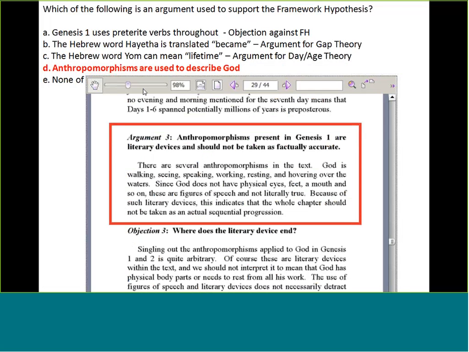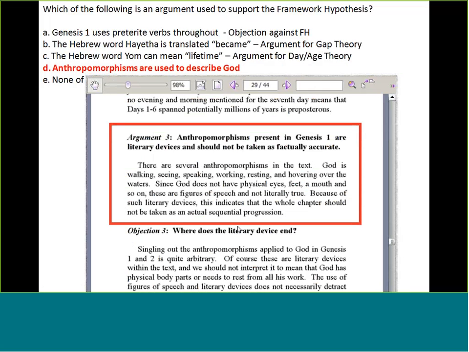The correct answer is actually D, that anthropomorphisms are used to describe God. Here it's one of the bolded arguments for the framework hypothesis, that they use the fact that there are anthropomorphisms describing God to say it's really just an allegory and that we can't take it literally. So this is a question that was directly from the book.